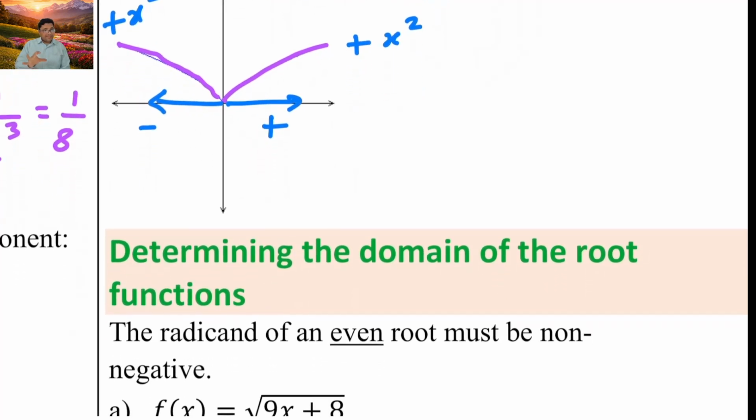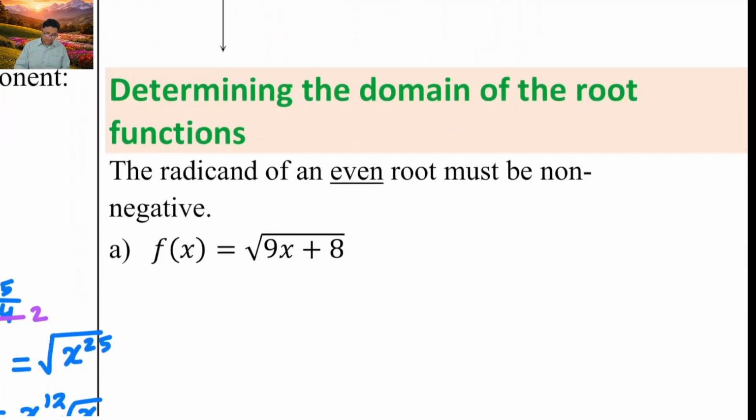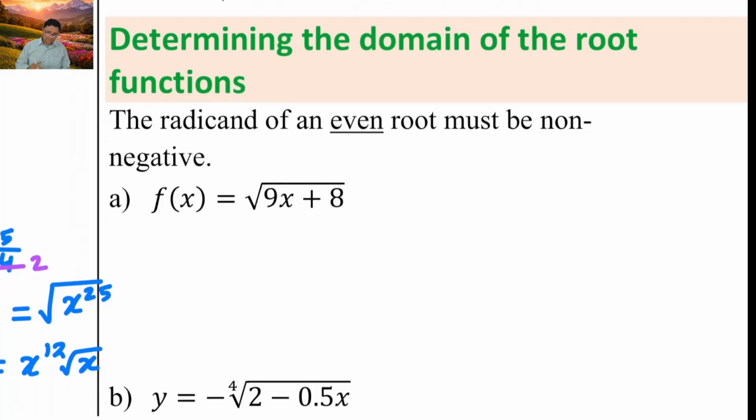Those are all parent functions, or just the functions of x raised to n power. We will now look at general polynomials under the root sign. So we are going to find the domain of those functions which are under the root. And what is our logic? Logic is very simple.